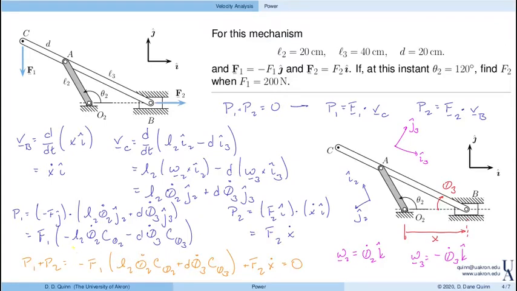So this power equation ends up here boxed in yellow.